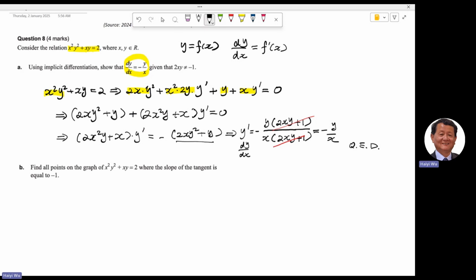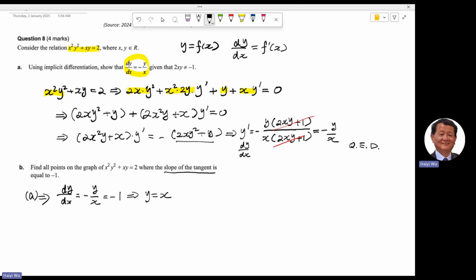All right, question A done, now question B, we do the same. Question B is about the slope of the tangent, which is dy/dx, equal to negative 1. According to question A, we know dy/dx is negative y over x, which is given as negative 1. Therefore y is equal to x.